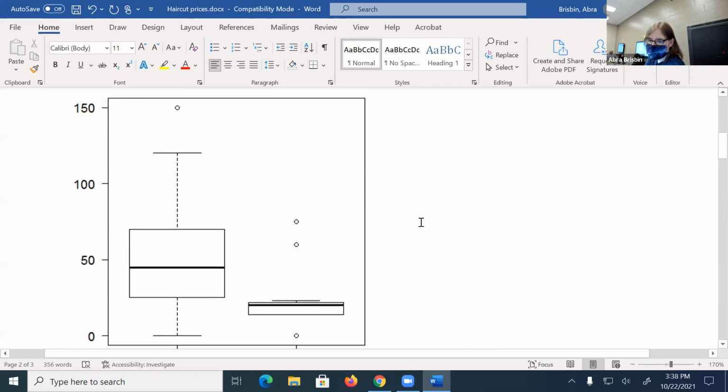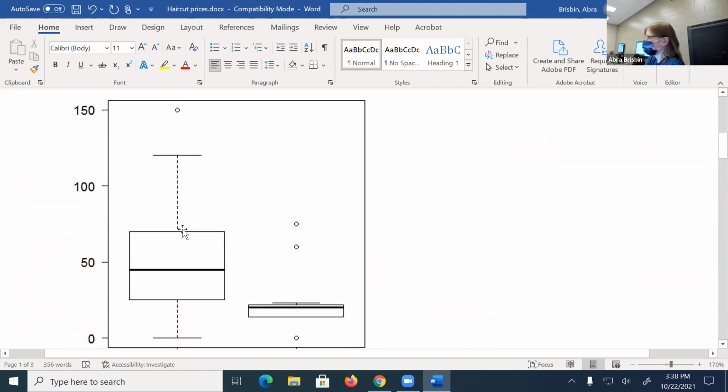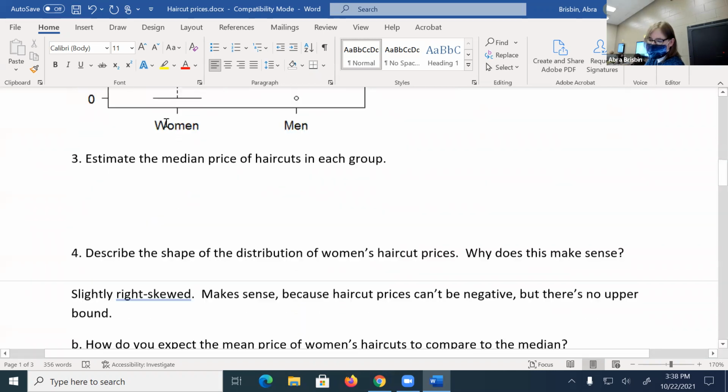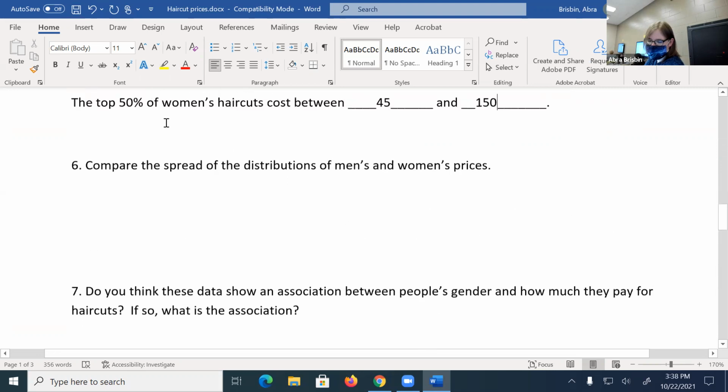So that's an important point, is that the top 25% of the data includes both this upper tail and any outliers that we have on the high end. All right.